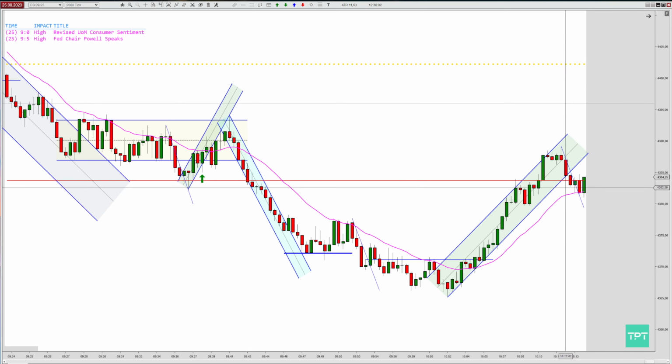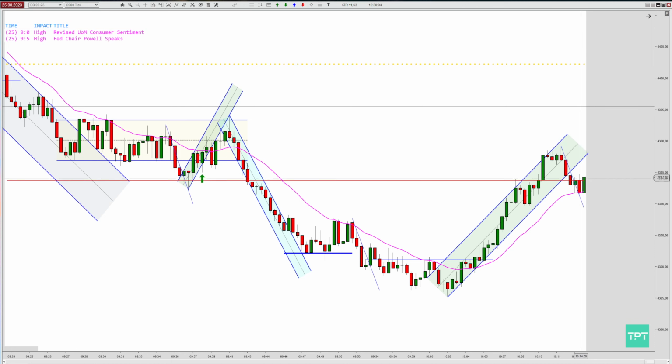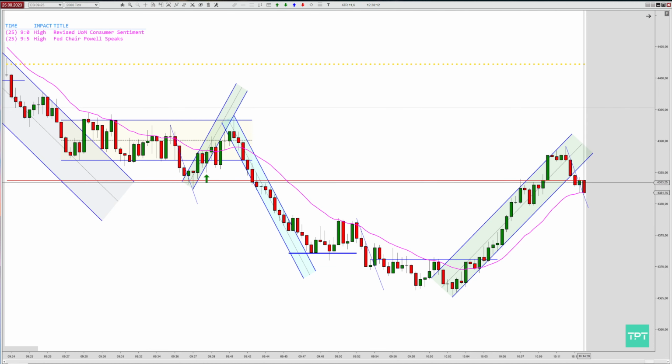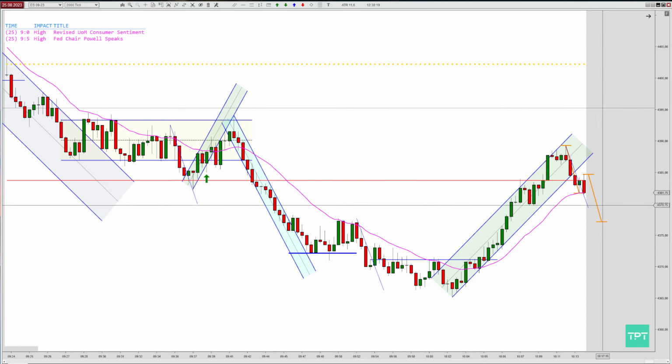But the problem also, it's congested here. You can see 1, 2, 3, 4 bars are stacking up, and with this strong bearish bar, I'm really not sure if they want to form, for example, a second leg lower here.